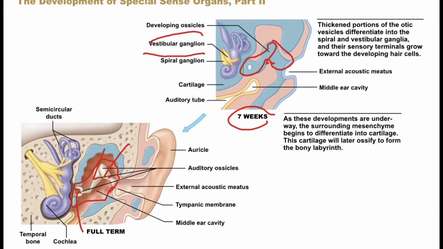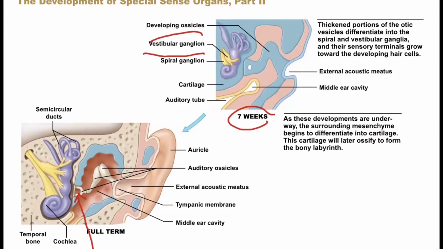On the practicum, if you see a picture like this, and you see an arrow pointing like that, do not put auditory ossicle bone. That is the stapes of the ear. Be specific about what I'm pointing to. Know what it's pointing to.